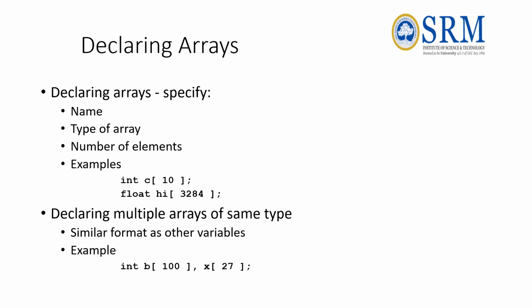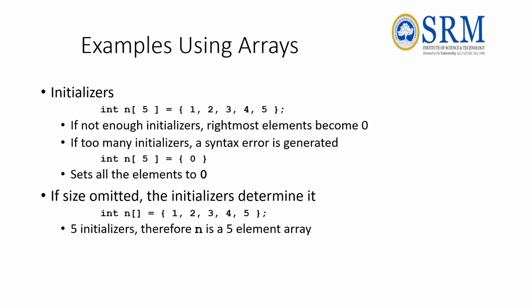Both these arrays have the same integer data type, so I am just going to declare it very simply: int b[100], x[27], since both follow the same integer data type. These are some examples of how you are initializing the array.